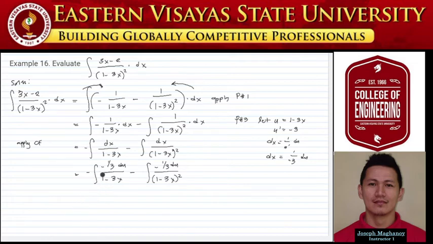Okay, let's continue. So we're going to move our constant outside. Negative times negative would be positive 1/3 integral of du, replacing it by u here.